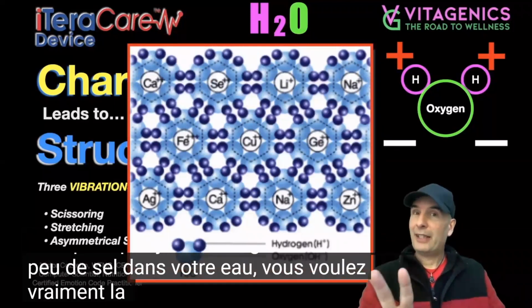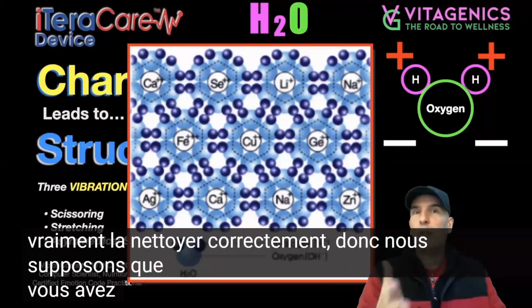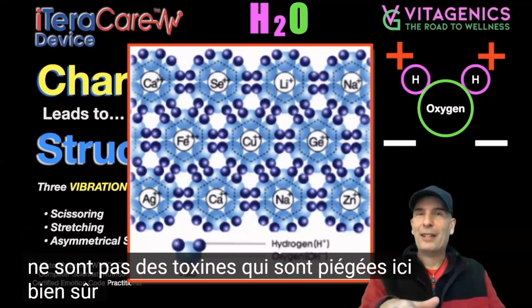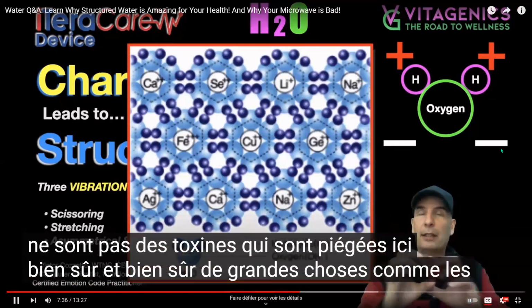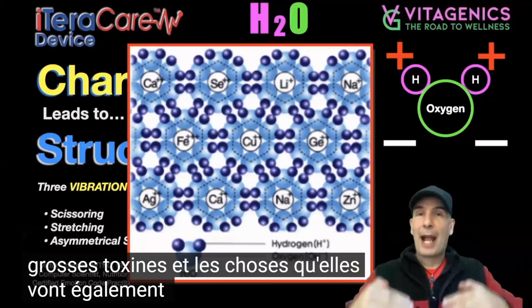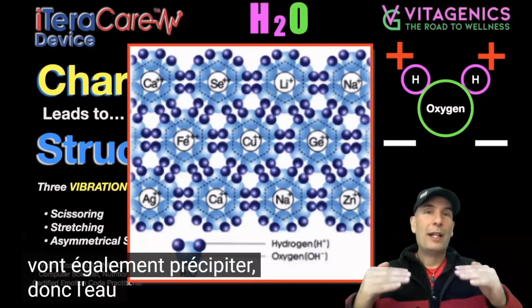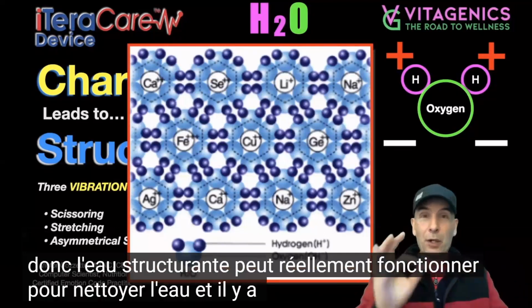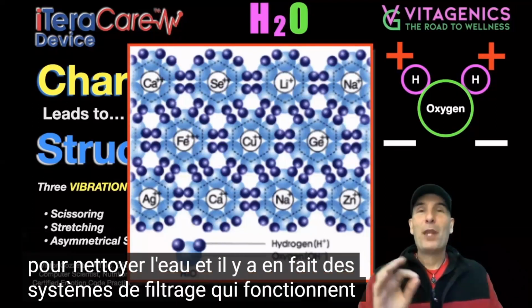You want to really clean it, right? So we're assuming you have really pure water, so these aren't toxins that are trapped here, right? And of course, large things like large toxins and stuff, they're also going to precipitate out. So structuring water can actually work to cleanse water. And there are actually filtering systems that work that way.